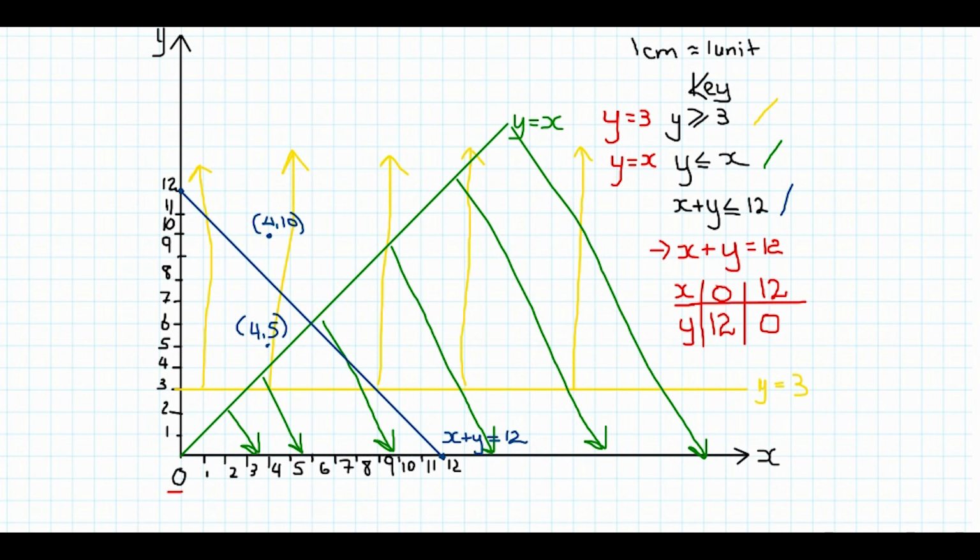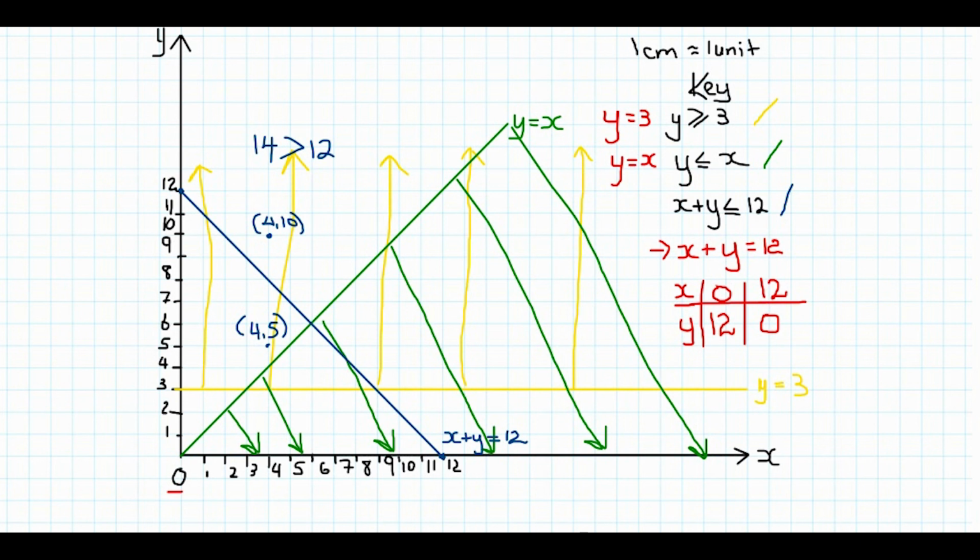So if we look at 4, 10, when we add 4 and 10, what do we get? 14. And is 14 less than 12? There we go, it's more than 12.